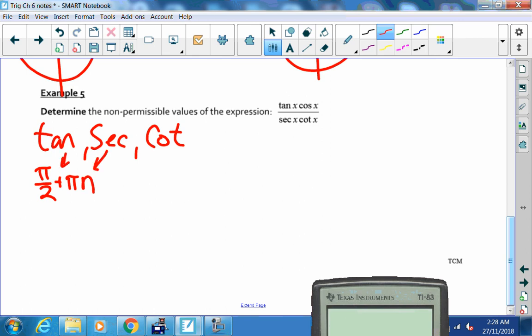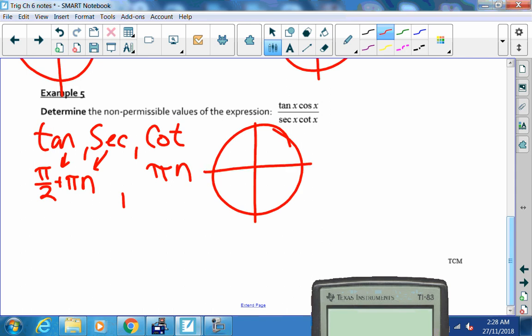Secant is the same, and cotan is pi n, or 0 plus pi n. And so I've already identified on my unit circle all of these points. That's just my starting point.